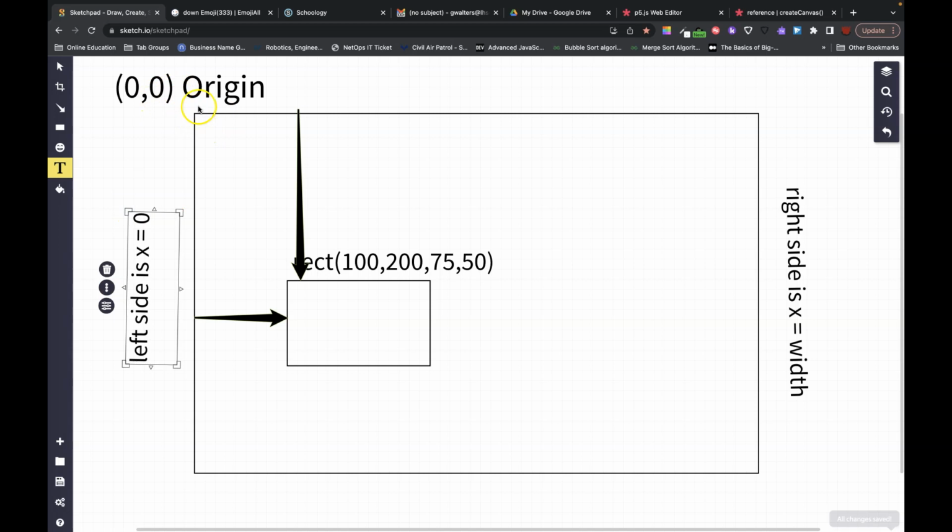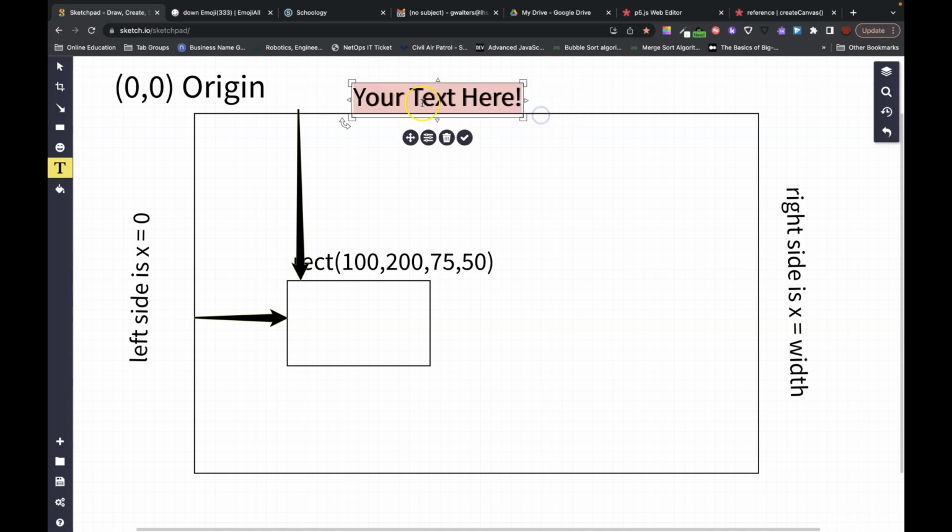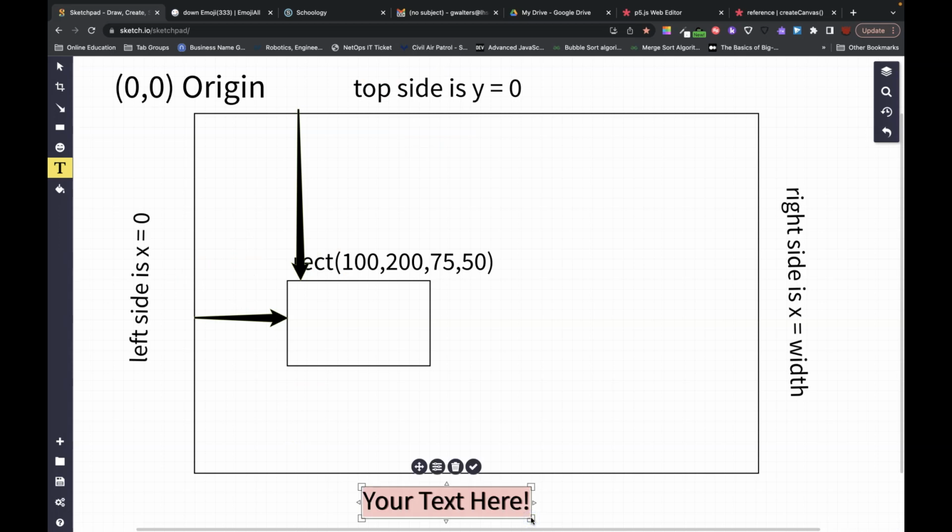We know that 0 for the y also starts here. So the top of my canvas would be referenced as: top side is y equals 0. That's a big thing to understand. The bottom side is y equals the height of the canvas.